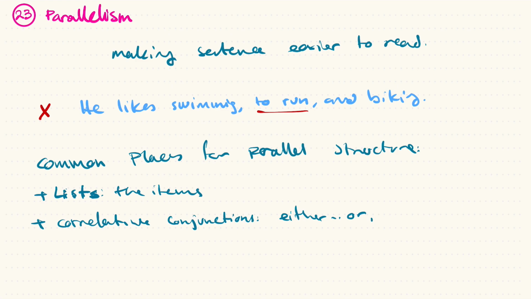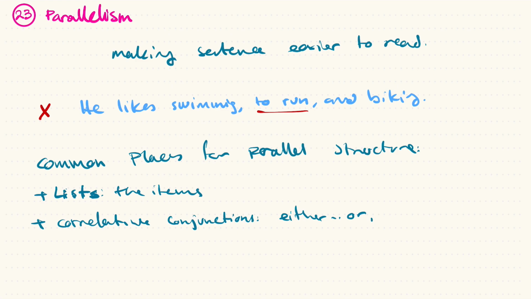For example, writing "he likes either swimming or to bike" is wrong, because "to bike" is the to-form rather than the -ing form. Write "he likes either swimming or biking," the -ing form. So that's where the parallel structure comes into place.